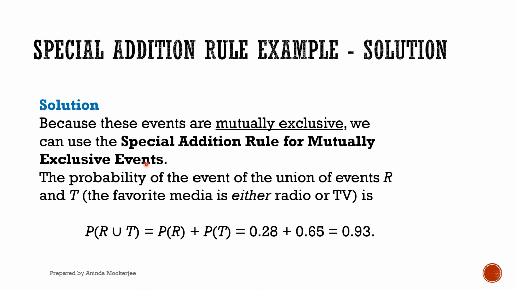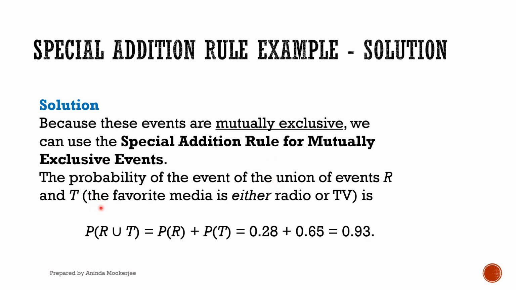So here they worked out the solution of the problem. It says because these events are mutually exclusive, we can use the special addition rule for mutually exclusive events. The probability of the union of events R and T, again, union is the same as the OR statement.